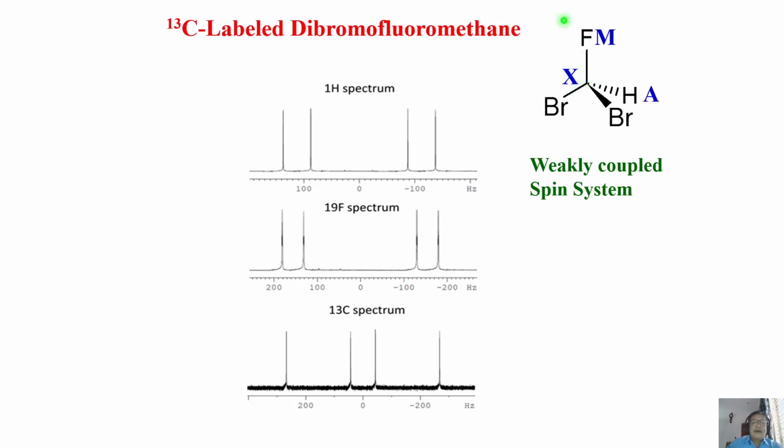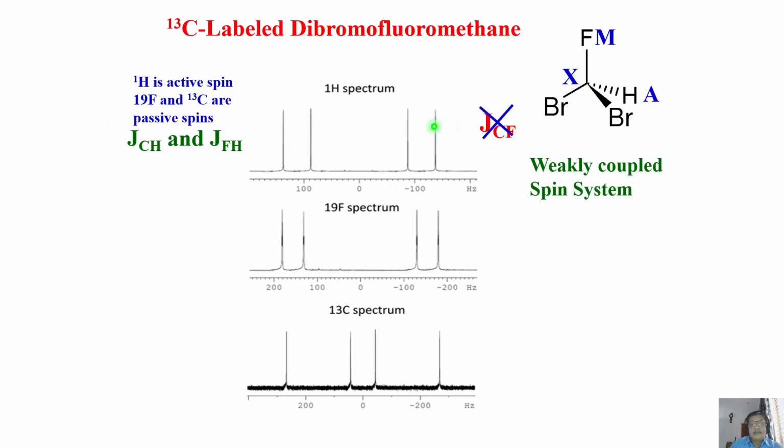In this molecule, there are three heteronuclei, A, M and X. I said it is a weakly coupled AMX spin system, where I explained active coupling and passive couplings. Don't forget that. In the proton spectrum, the proton is the active spin, and fluorine and carbon 13 are passive spins. We get these two couplings from the spectrum, and we don't get that.